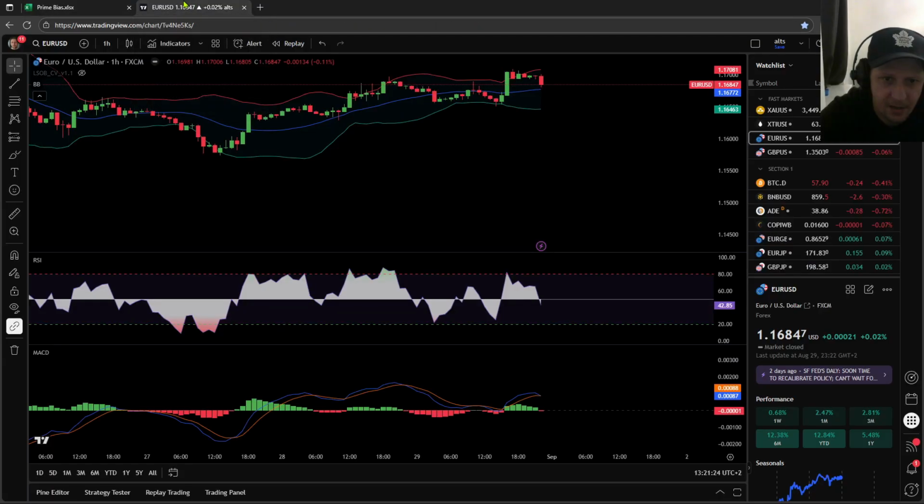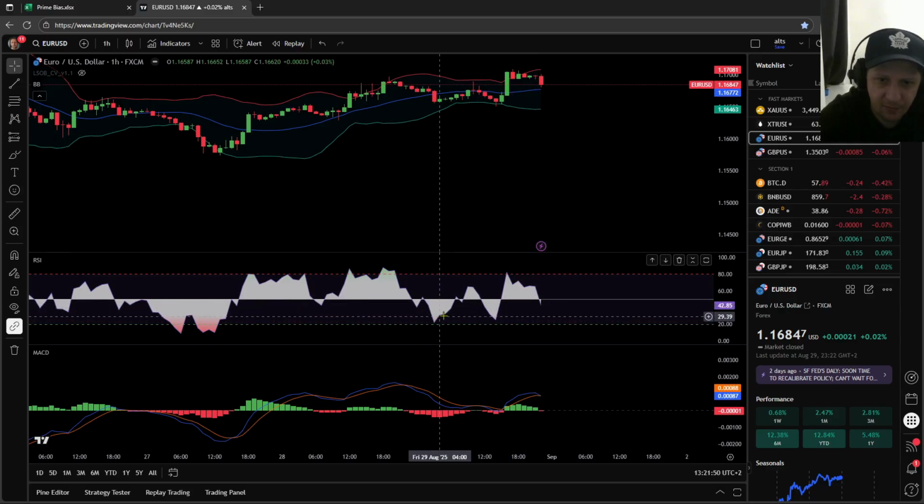The RSI on the lower time frames, like 1 hour, 15 minutes and 5 minutes, I read a little bit differently. If it crosses the 50, the white line here, if it crosses down, it's a -1.